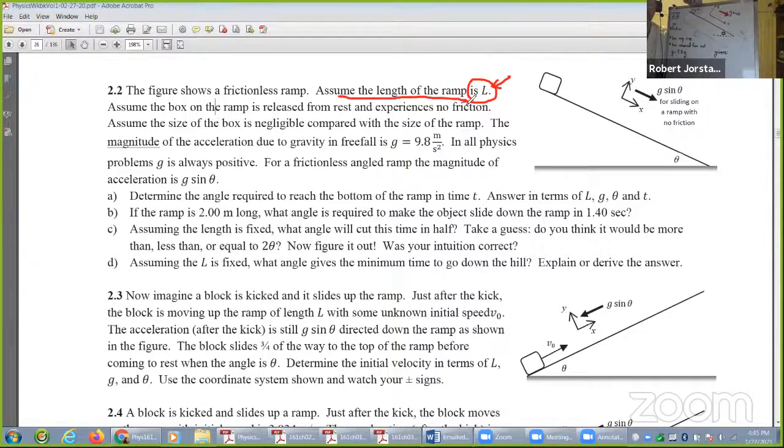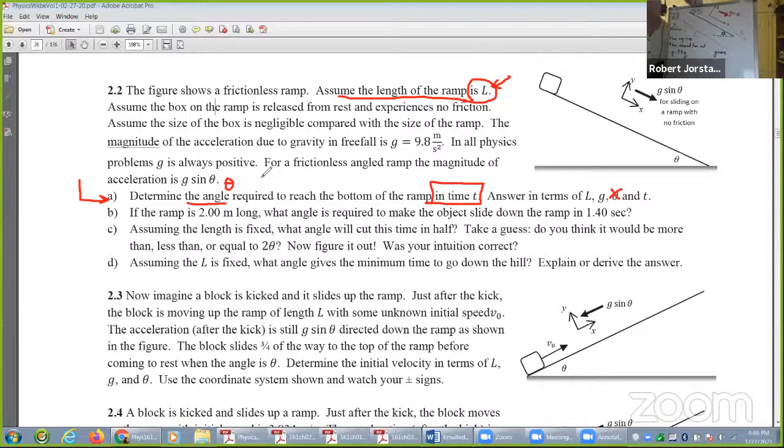All right. And then let's read the first question and see what it says. It says determine the angle required to reach the bottom of the ramp in time t. So time is a known. I just want to point out this is a typo. That theta should not be there. That's actually what we're trying to solve for. Apologies there.